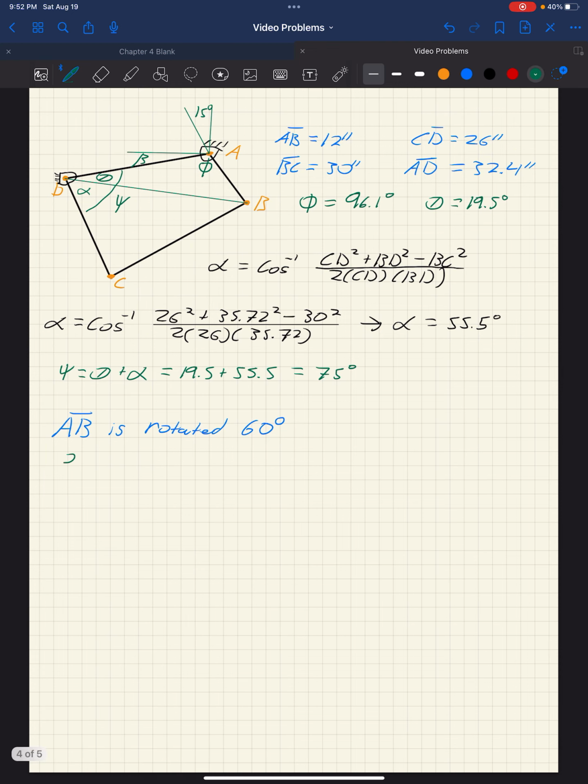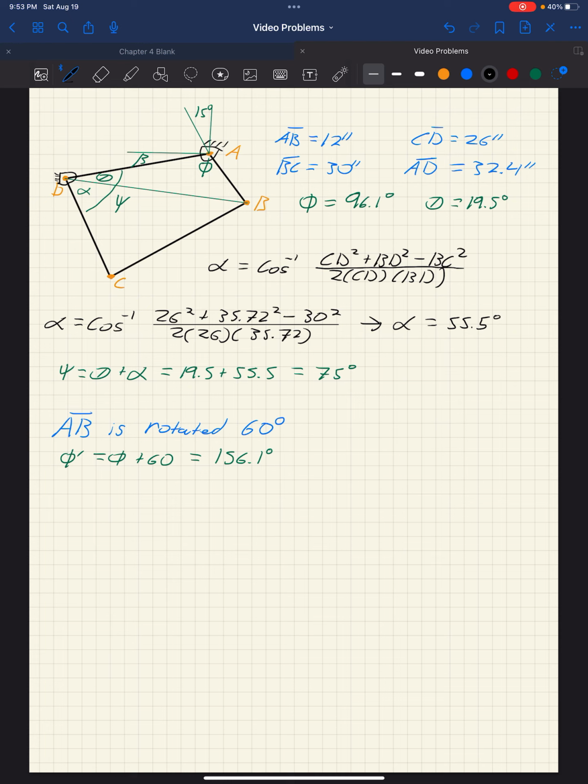So phi prime, because we're looking at it in our second configuration, is equal to phi plus 60, which gives us 156.1 degrees. And now we basically just need to run through the calculations we just did, only with our new values.